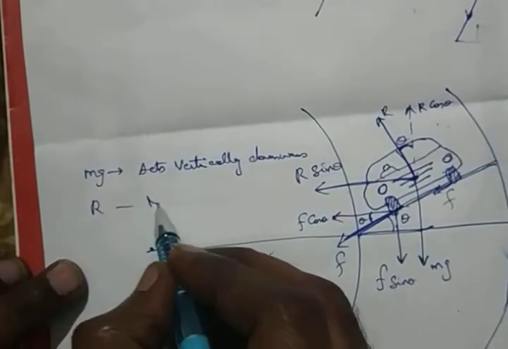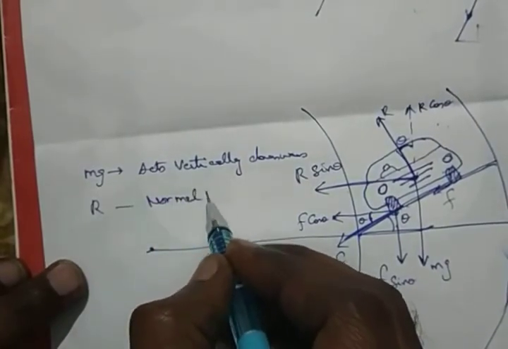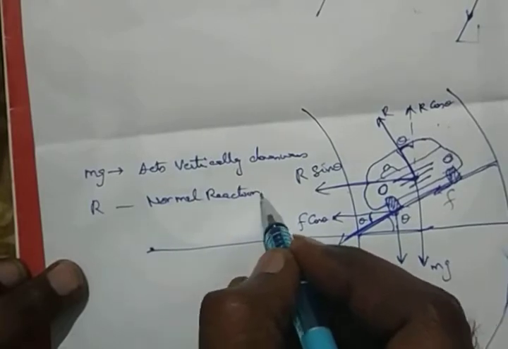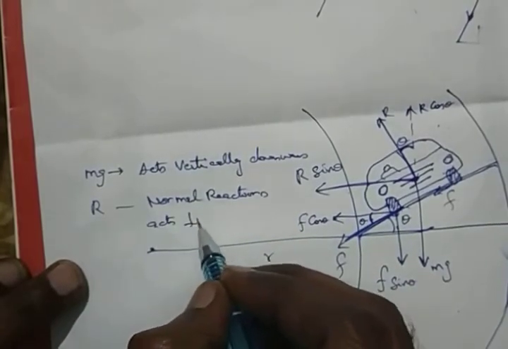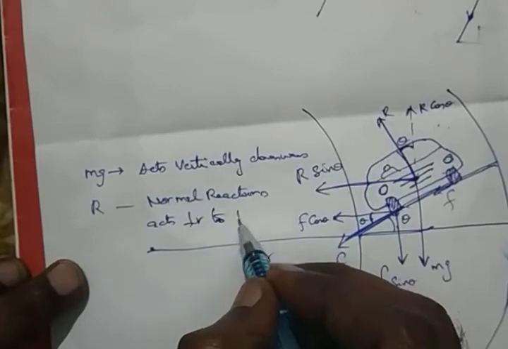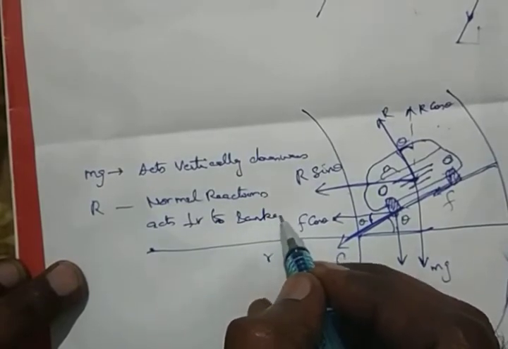Capital R, the normal reaction, acts perpendicular to the banked road.